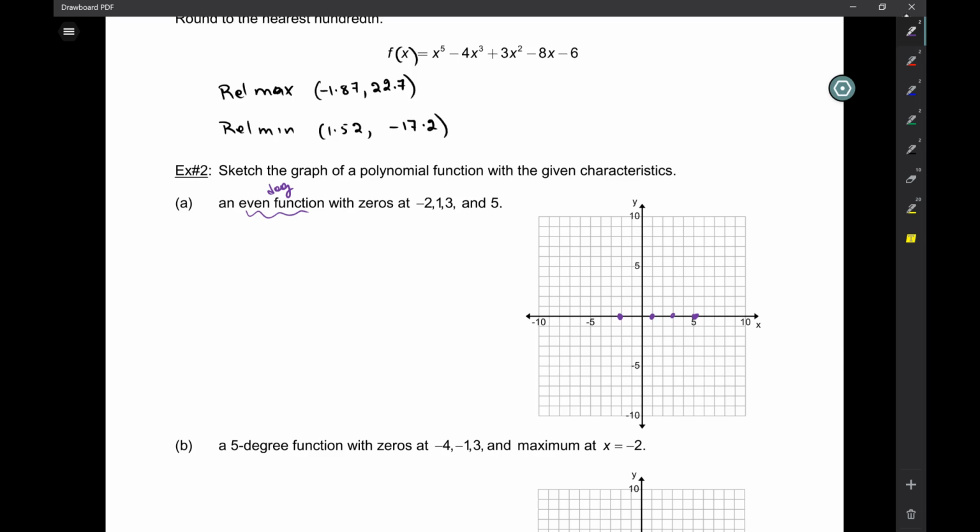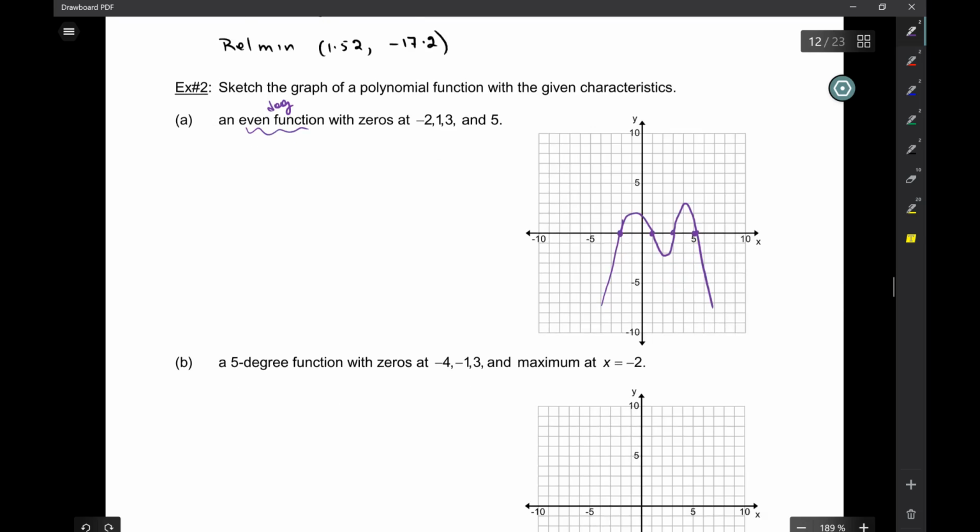They either both go up or both go down. Like I said, you choose whether you want to make it go up or down. Let's say they both go down. So I go here. I need to cross the x-axis. And now it needs to turn around, hit again, turn around, hit again, and go back down. So it's even degree because they both go down.